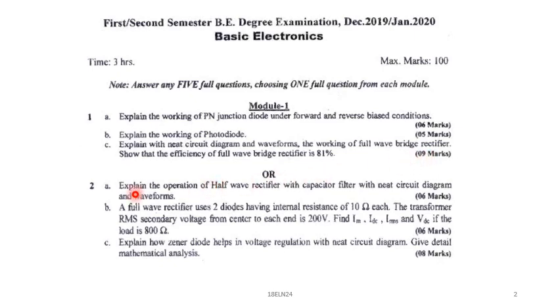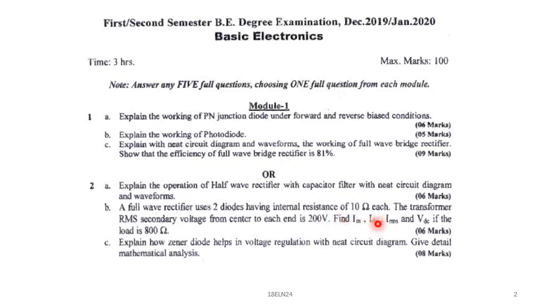The second question is: explain the operation of half-wave rectifier with capacitor filter with neat circuit diagram and waveforms. That's for 6 marks. The 2B is the problem. A full wave rectifier uses 2 diodes having internal resistance of 10 ohm each. The transformer RMS secondary voltage from center to each end is 200 volt.